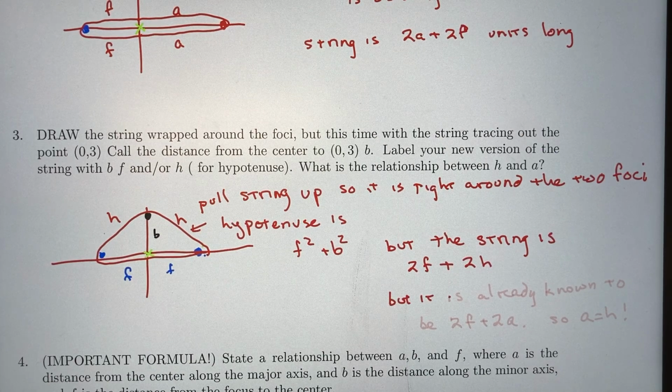It's already known as 2f plus 2a. So h must be the same as a. So we have a on the hypotenuse.